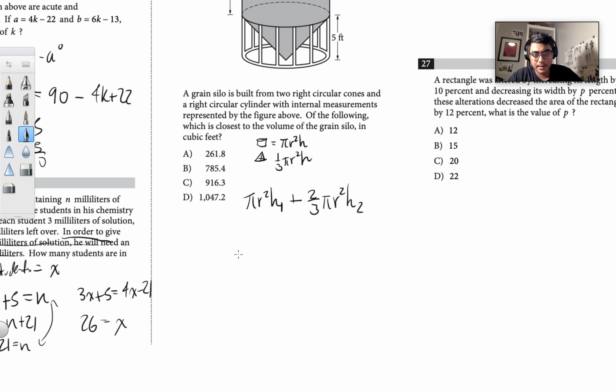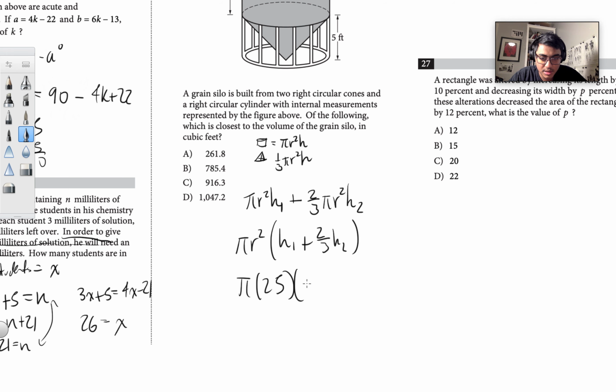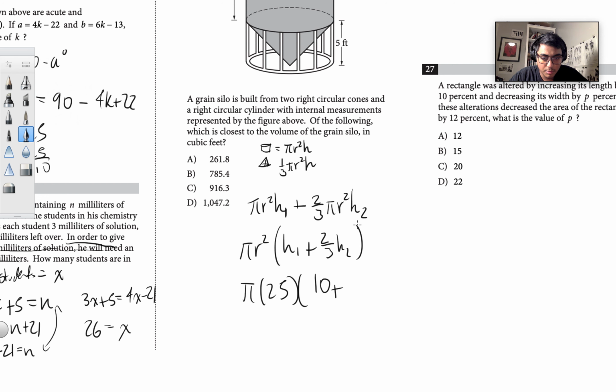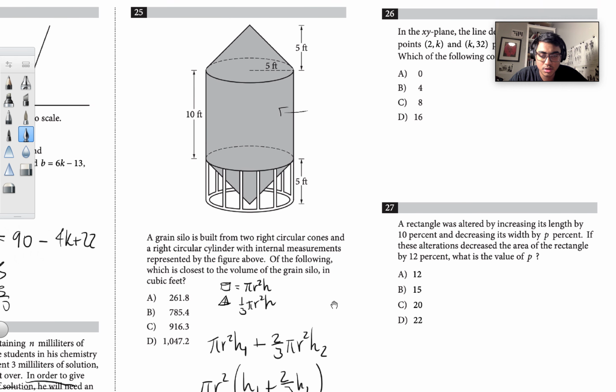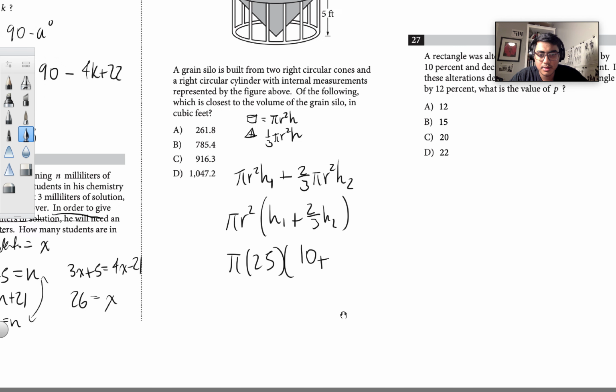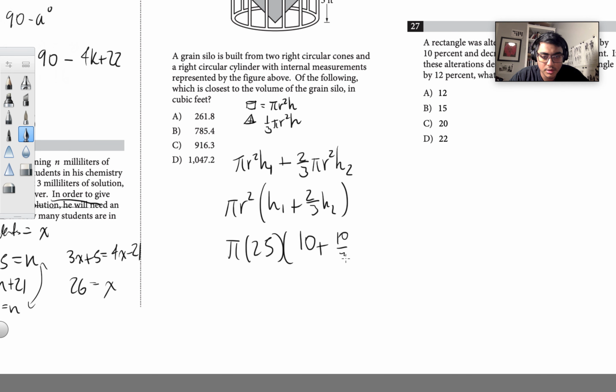So pi r squared, we can still factor this though, h1 plus 2/3 h2. Now let's plug in values. Pi times 25 times h1, which is 10, plus 2/3 of h2, which is, so 2/3 of 5, that means 10/3.